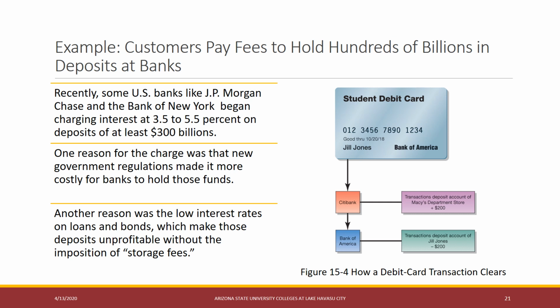Macy's has an account with Citibank. The debit card transaction creates an electronic record that is transmitted to Citibank. The debit card system forwards this record to Bank of America, which deducts $200 from Jill Jones' transaction deposit account. Then the debit card system transmits $200 and makes the payment to Citibank, which credits $200 to Macy's account.